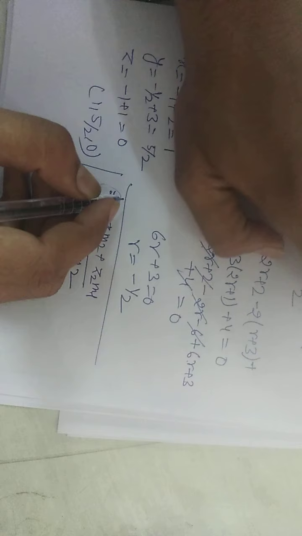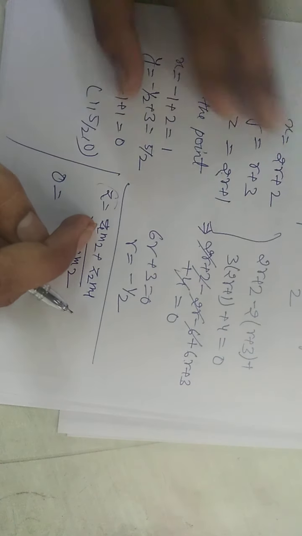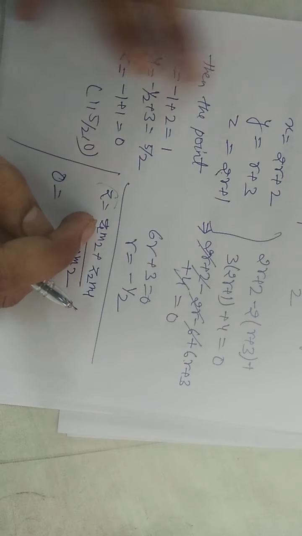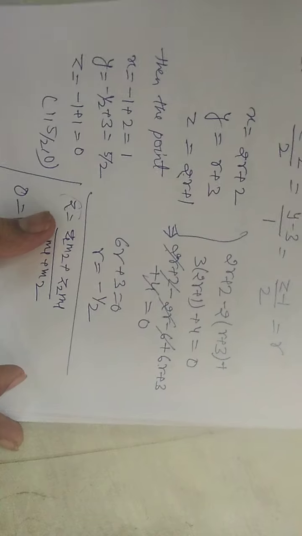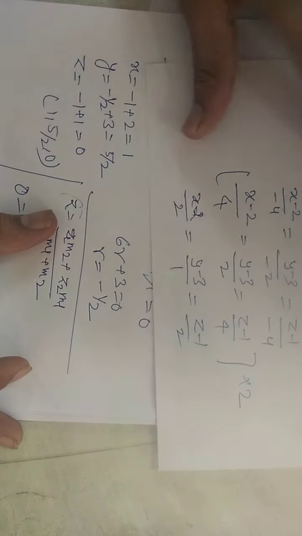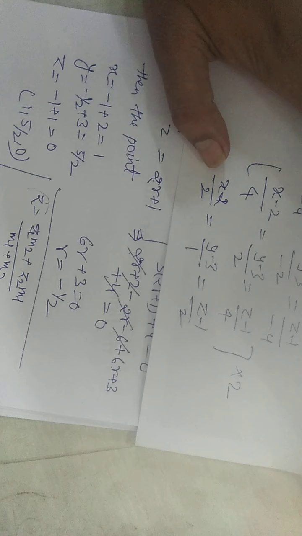So z is 0, z1 is 1 and z2 is minus 3. So 0 equal to (1 times m2 plus (minus 3) m1) upon (m1 plus m2).